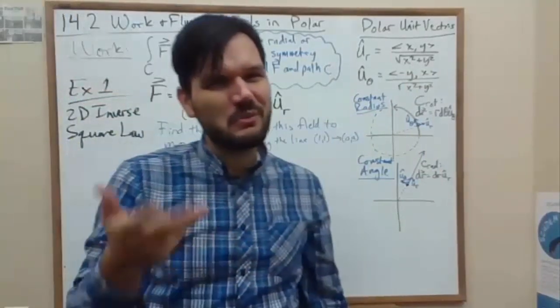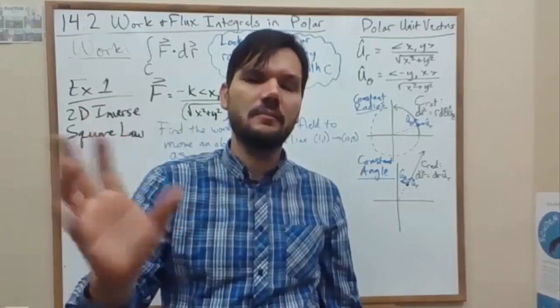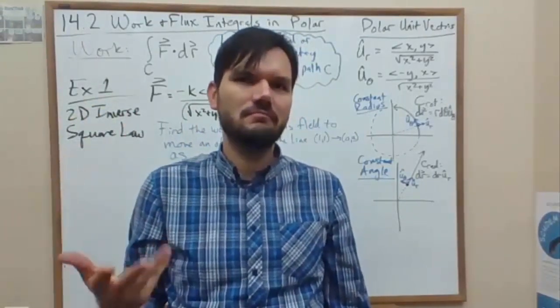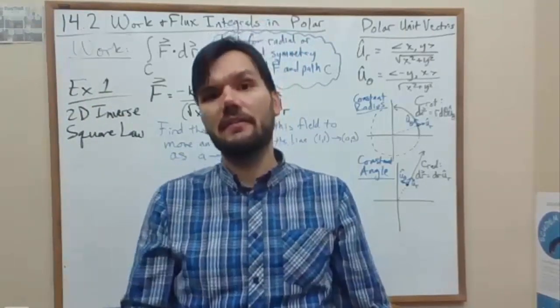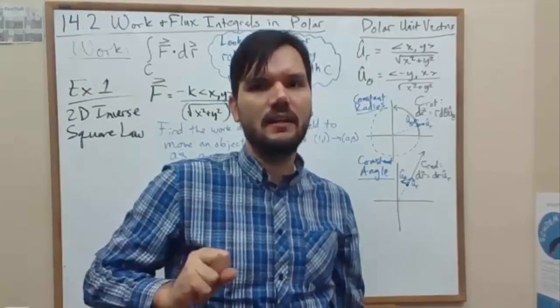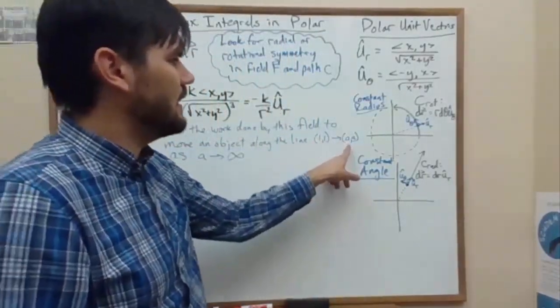Now what this question is really asking us is, how much work do we have to put in to overcome the force of this phenomenon? So gravity, for example. What is the amount of work we need to overcome the force of gravity to move an object from (1, 1) to (a, a)?